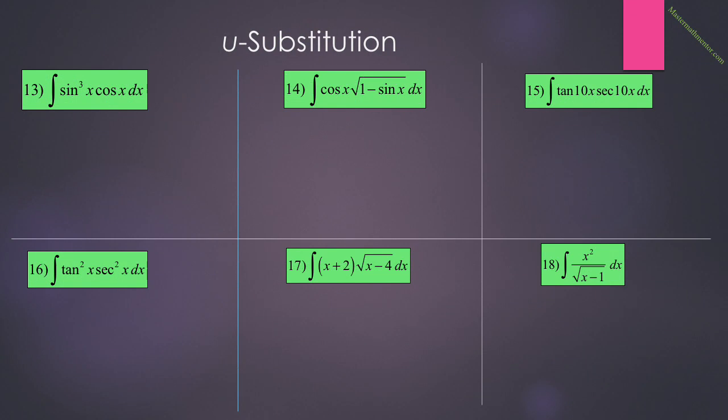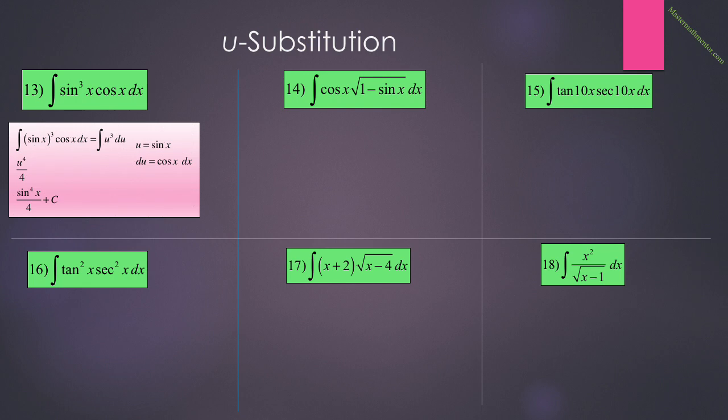Problems 13 through 18 are even tougher problems with u-substitution. 13 reads the integral of sine cubed of x, cosine of x, dx. With problems like this, it's good to write them with parentheses. So this becomes the integral of sine of x, cubed, cosine of x, dx. You have a choice.